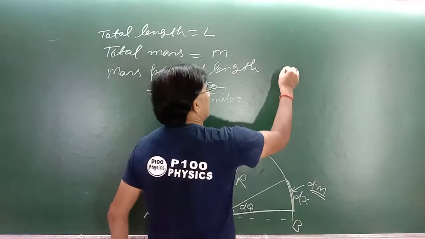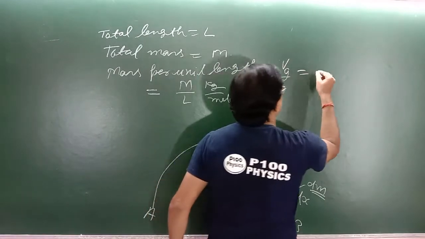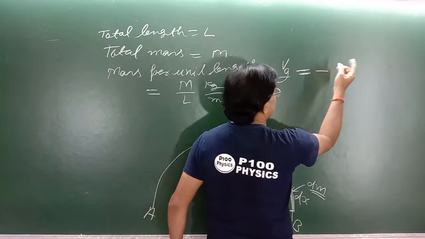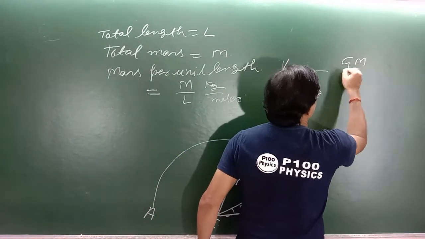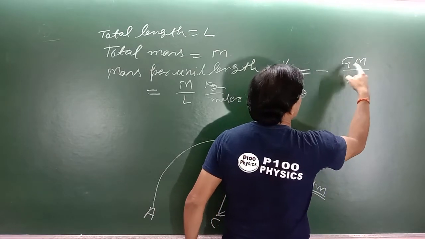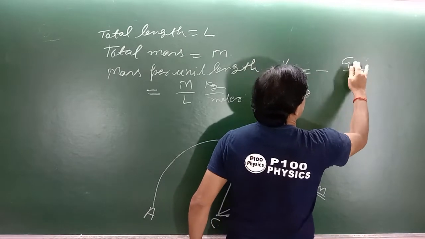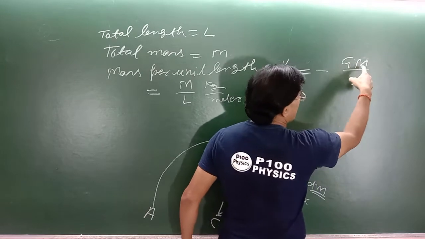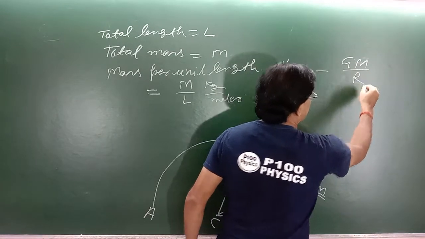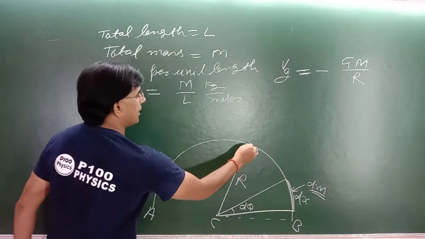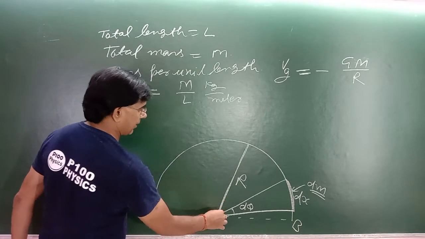How? You know that Vg equal to minus Gm by R, where m is the total mass and R is the radius of this semicircle.